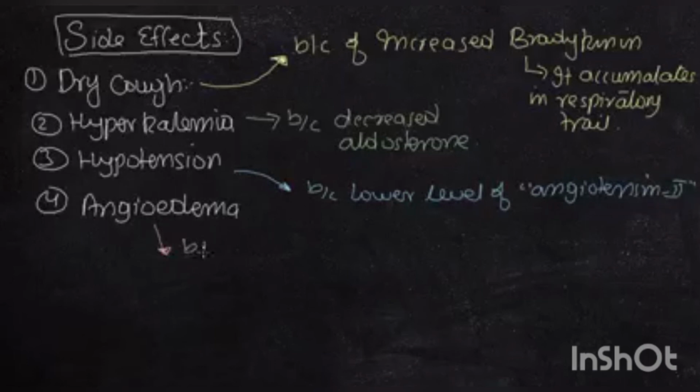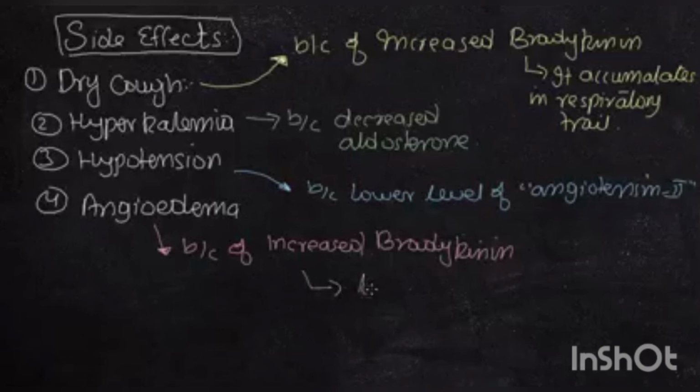And angioedema is because of leaky blood vessels. It comes with bradykinin, which causes vasodilation, and vasodilation because of nitric oxide leads to leaky blood vessels, which causes angioedema. I hope this makes sense.